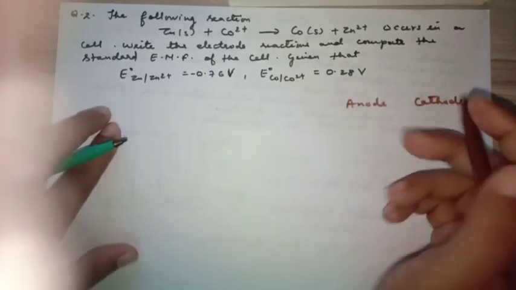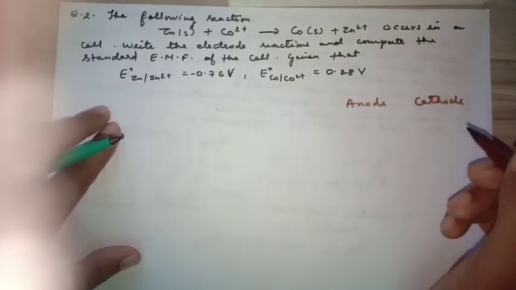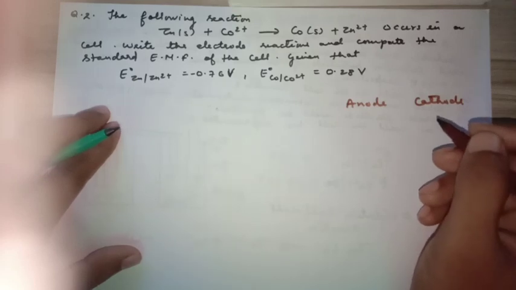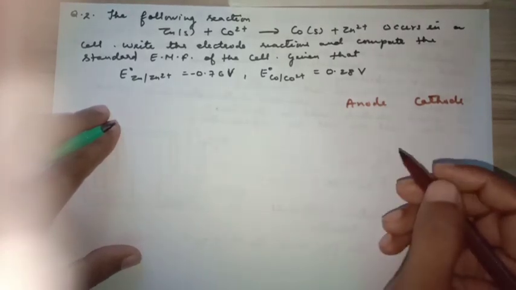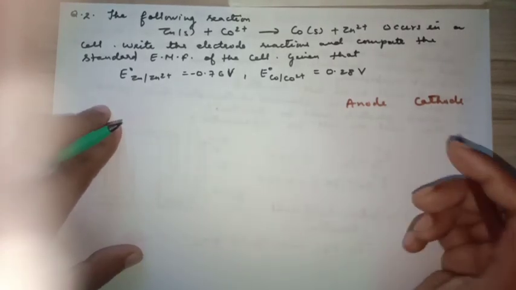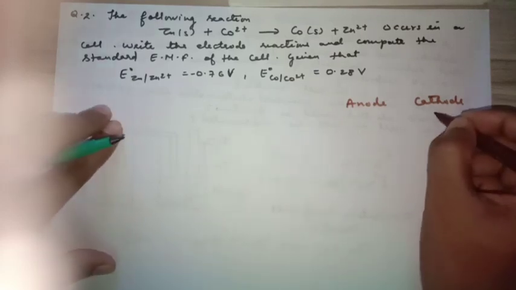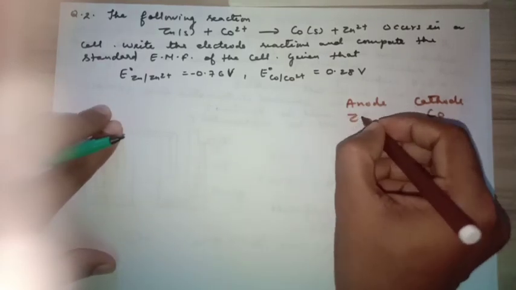So zinc will have oxidation and cobalt will be going to reduction. So cobalt will be here and zinc will be here.